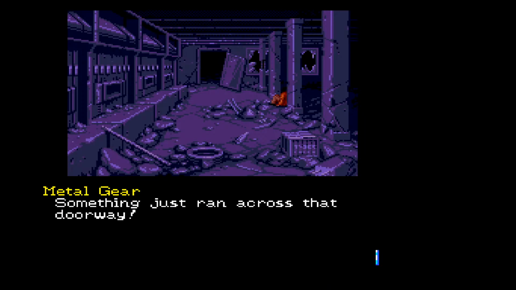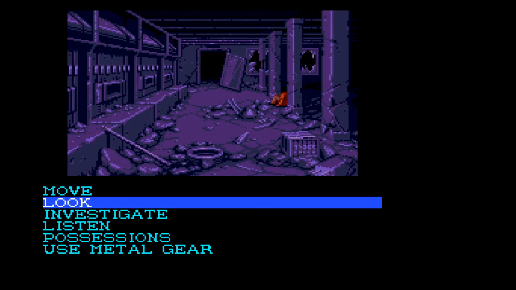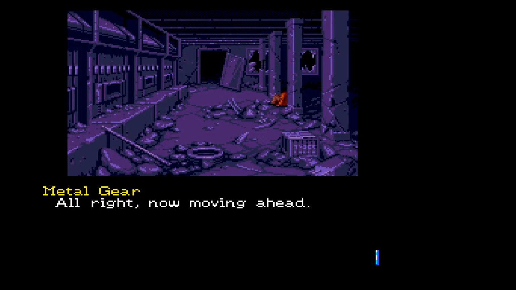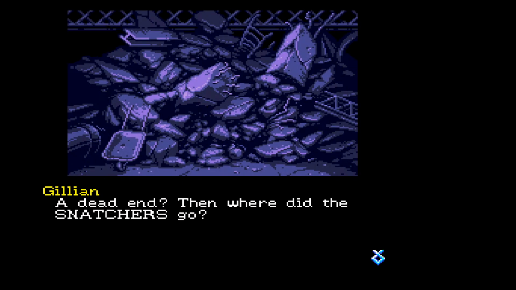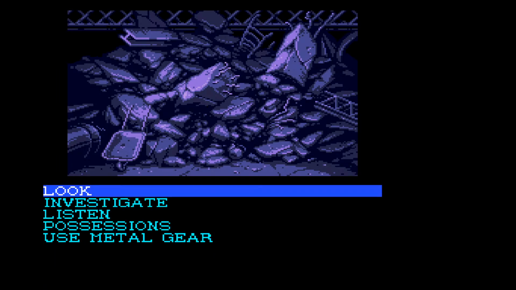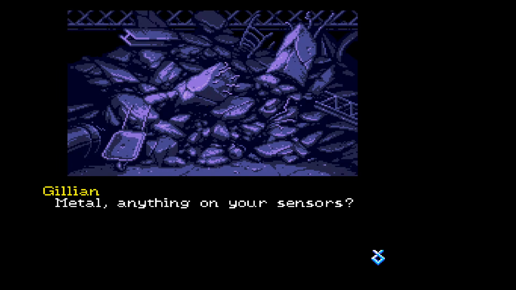Something just ran across that doorway. Snatchers? Unable to confirm. I suggest we investigate. Alright, moving ahead, it's a dead end. A dead end? Where did the Snatchers go? Use the motion detector.